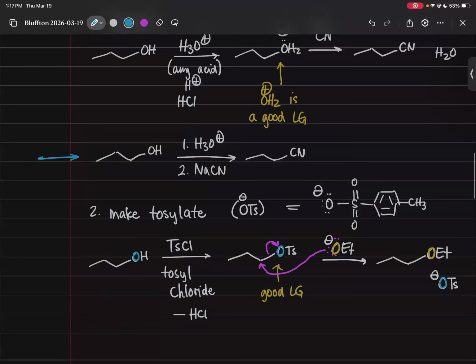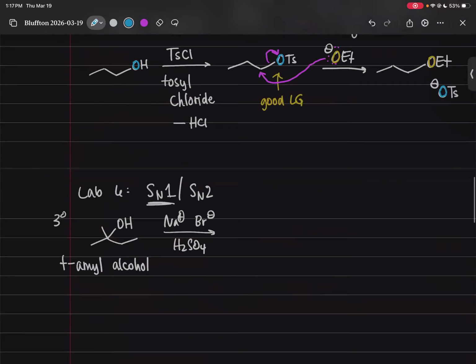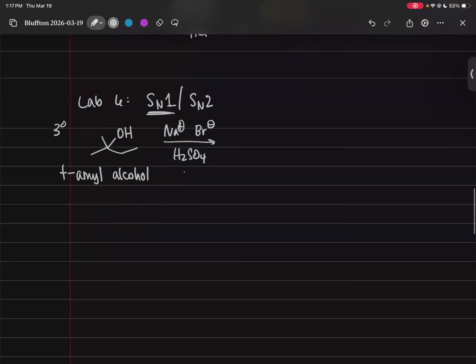We're going to do this as an SN1. The first step, H3O plus, that's just our sulfuric acid, and we're going to turn the OH into a good leaving group by protonating it and making it a water molecule.